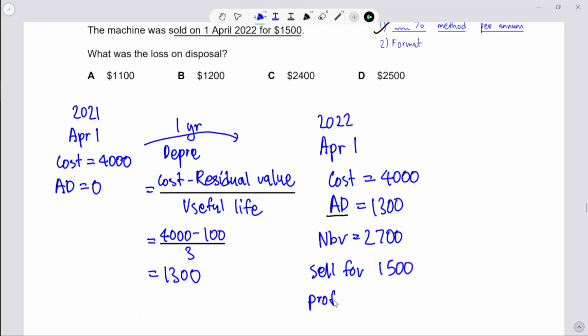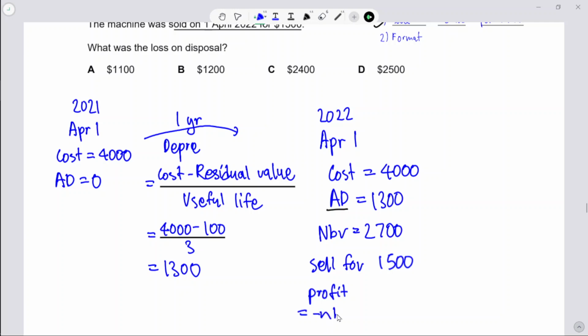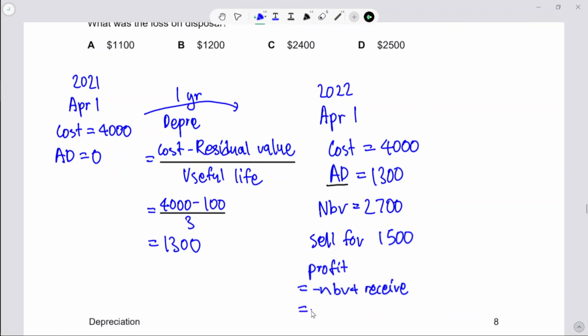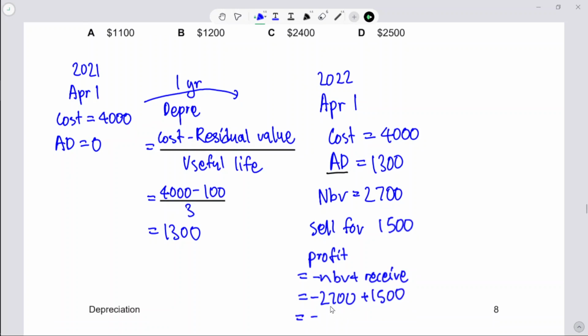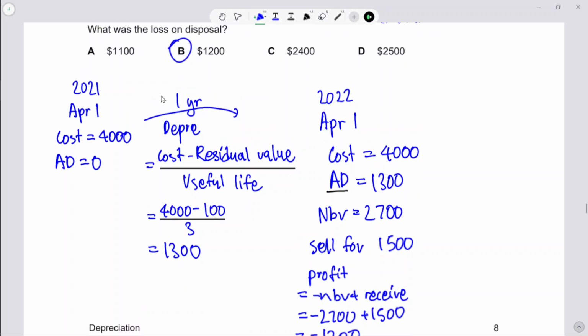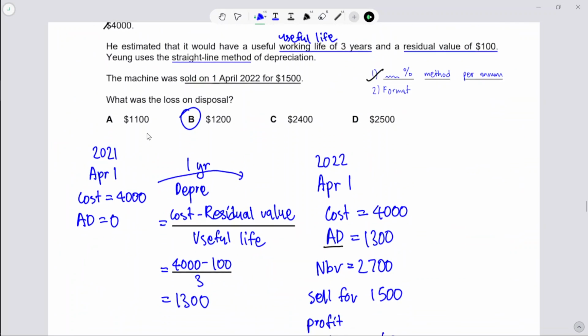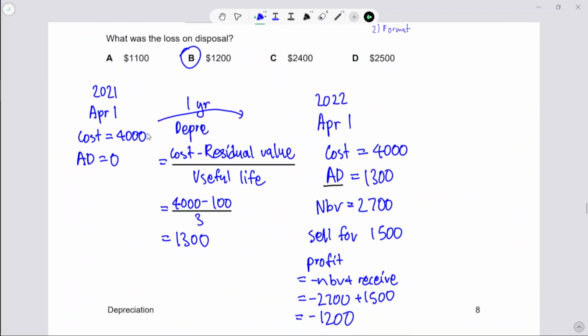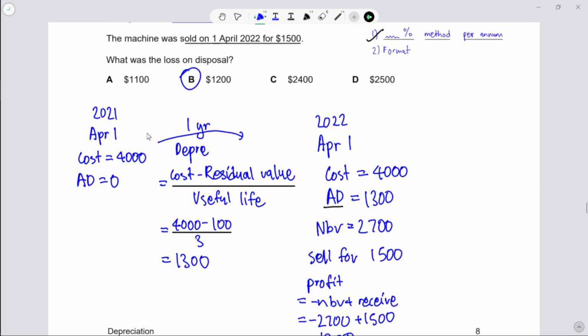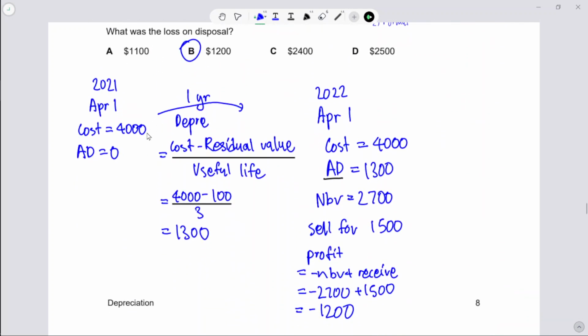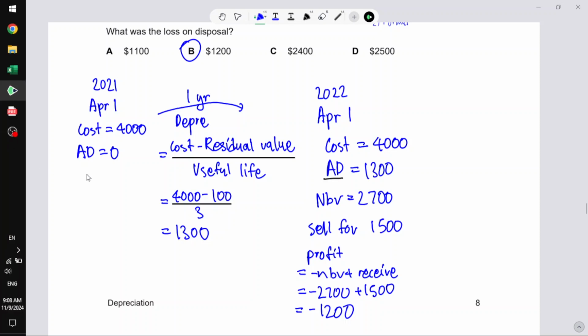So the profit will equal to net book value plus receive equal to... minus 1200. Okay. So let's continue.